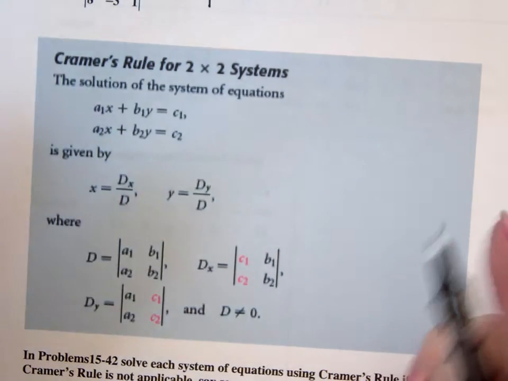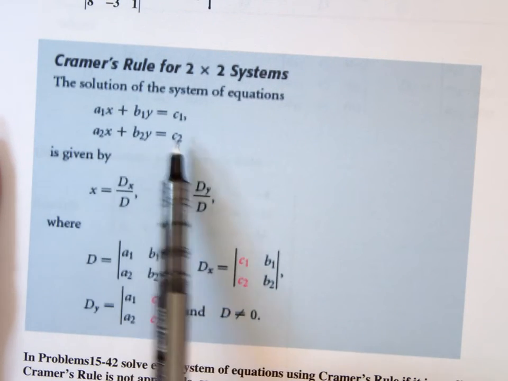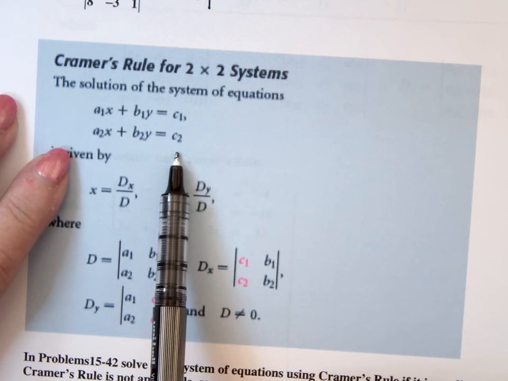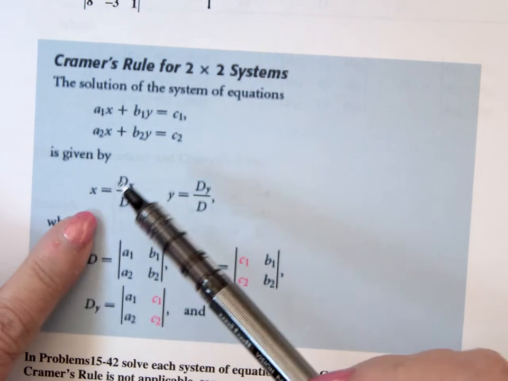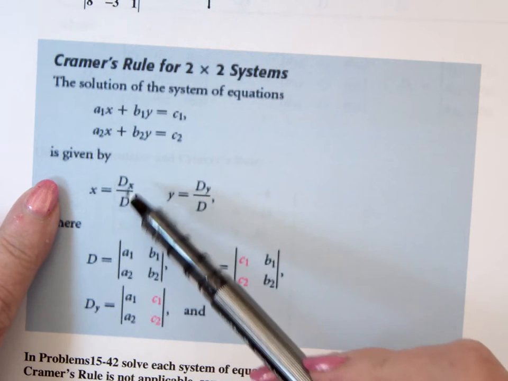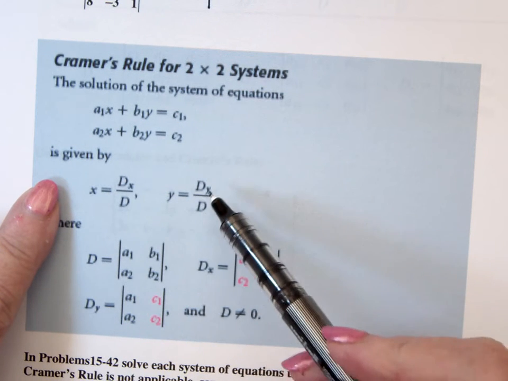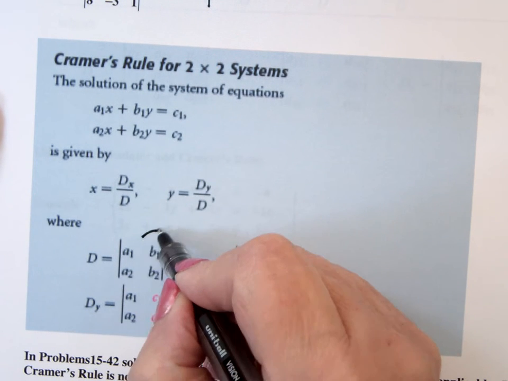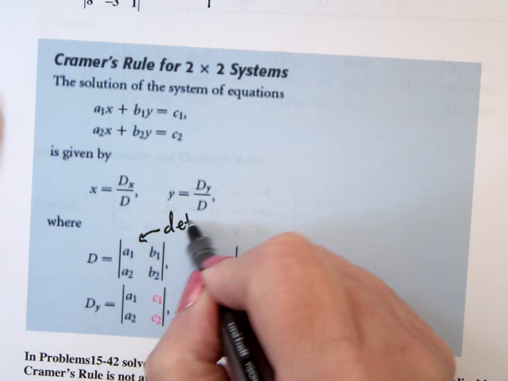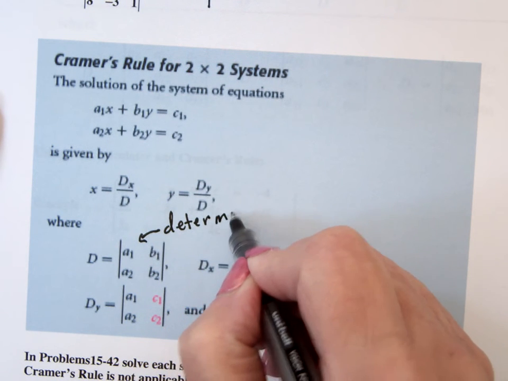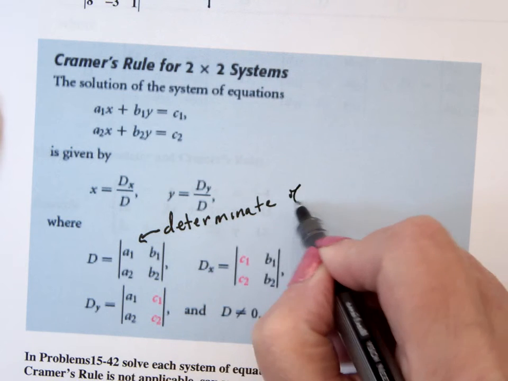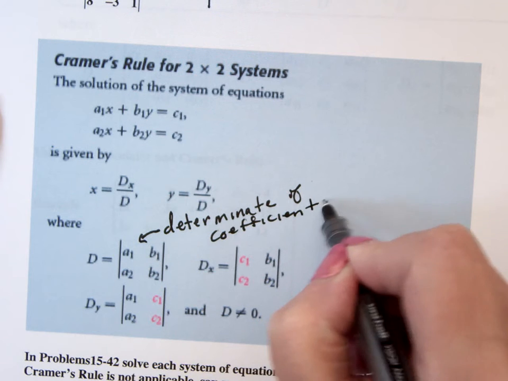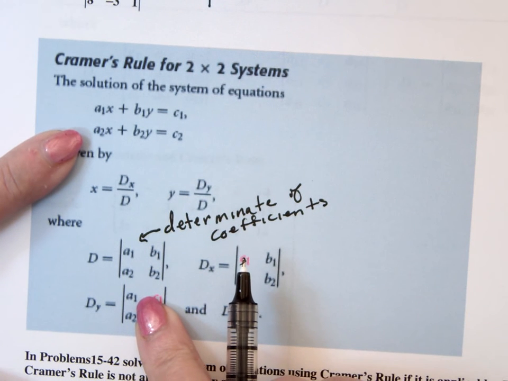So Cramer's rule says this. If you have a system, and we're going to start off with 2 by 2s because they're easy, you can solve for x by, and it's called x is equal to D sub x over D, y is equal to D sub y over D. Now what is D? D that I've always called the determinant of coefficients. It's the coefficients of x and y.